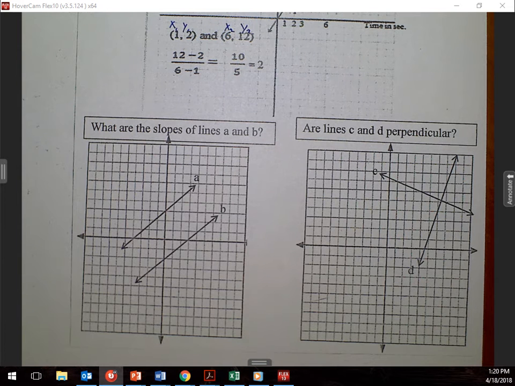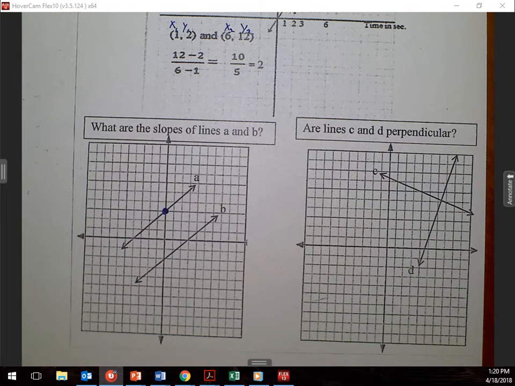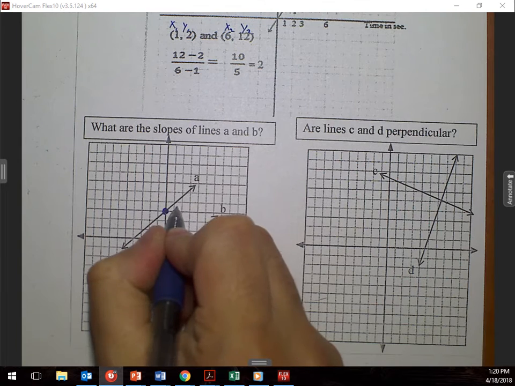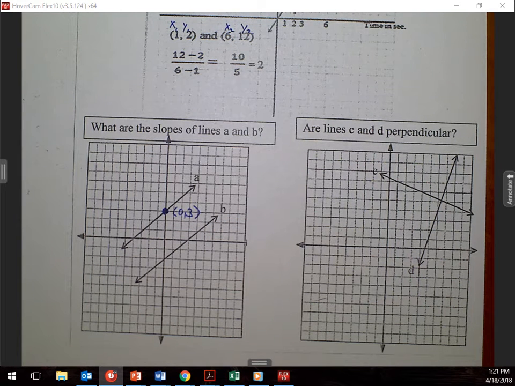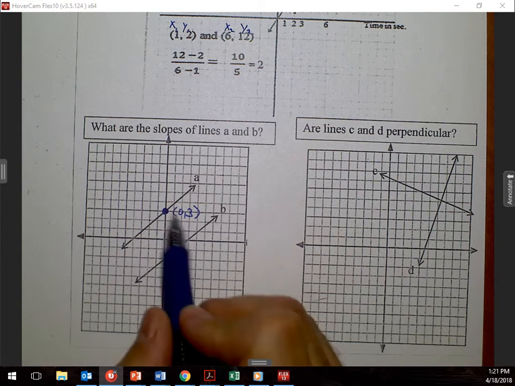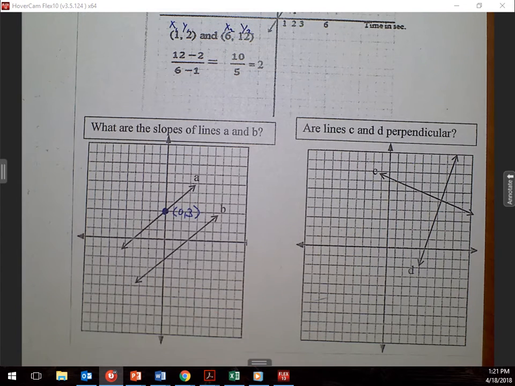What point do you want to use here? 0, 3, thank you. 0, 3 is a very good point. And I have to have 2 points. Find me another point. 0, negative 2. Not on the same line. I need to find another one on line A.